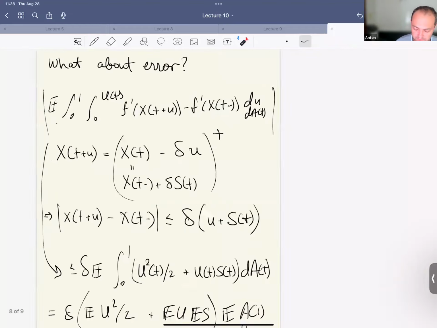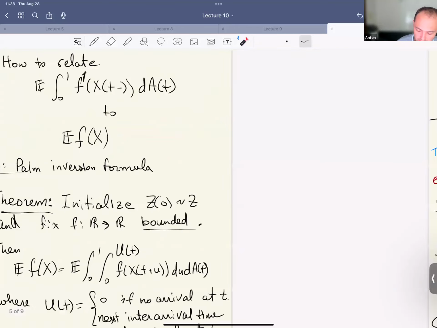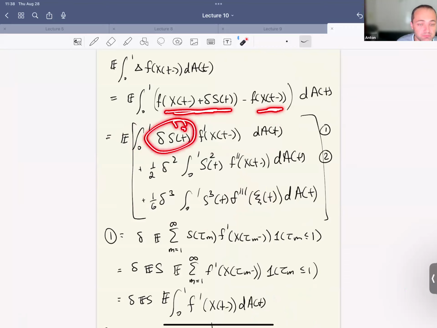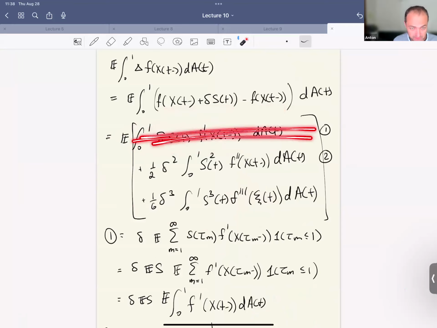Where does this help us? If we go over here and we consider the first order term, what is the coefficient in front of the first derivative? Well, it's actually the post-jump state minus the pre-jump state. If we make that a mean zero quantity, we are able to kill the first term.